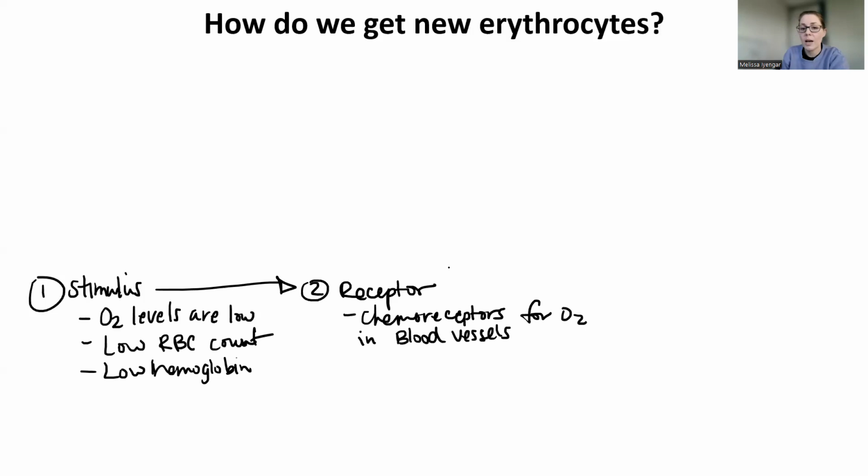And then the receptor is going to have to send information to a control center or an integrator. In this case, the integrator is the medulla oblongata because it controls oxygen and carbon dioxide levels primarily through breathing. There might be other places, but we're going to say medulla oblongata, okay?